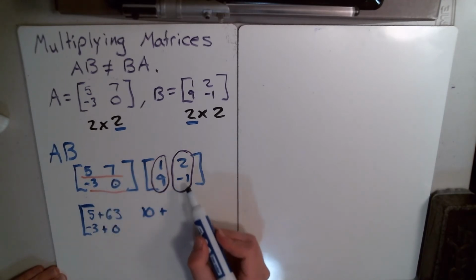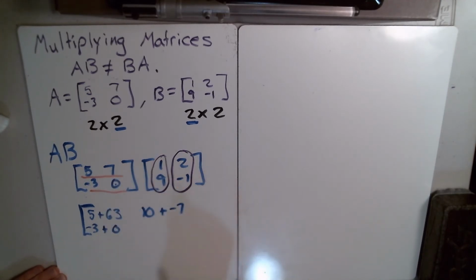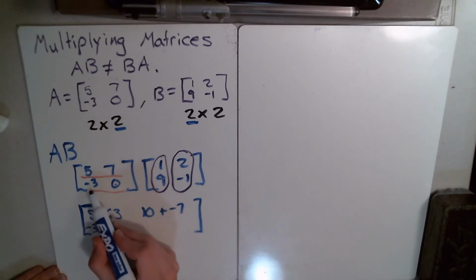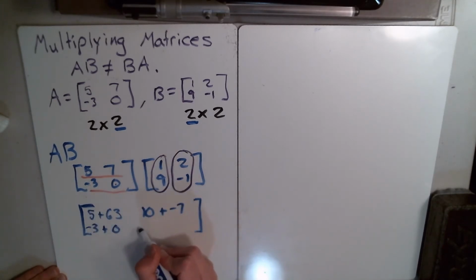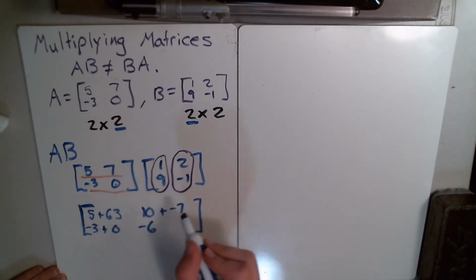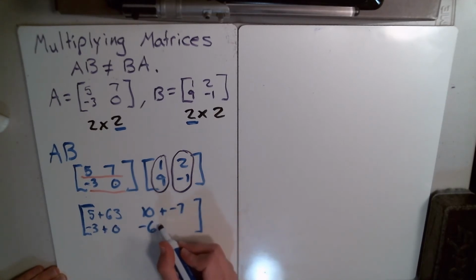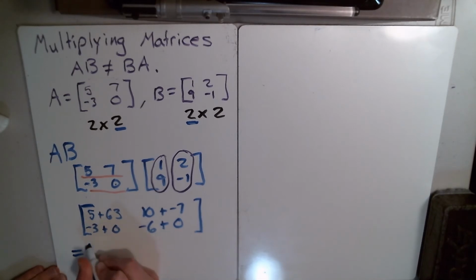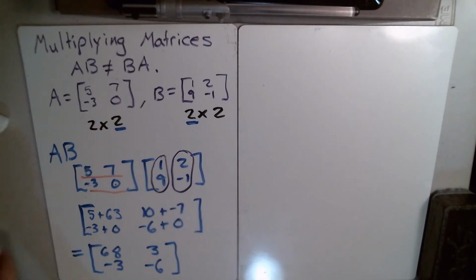And then 7 times -1 is -7. -3 times 2 is -6. And then 0 times -1 is 0. Okay? So, what do we get? We just simplify this down. We get 68, -3, 3, and -6. Okay? So that is what we get when we do AB.